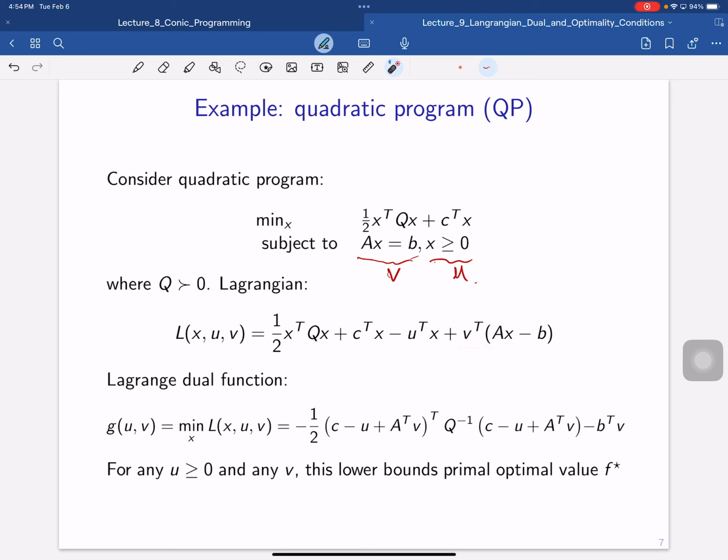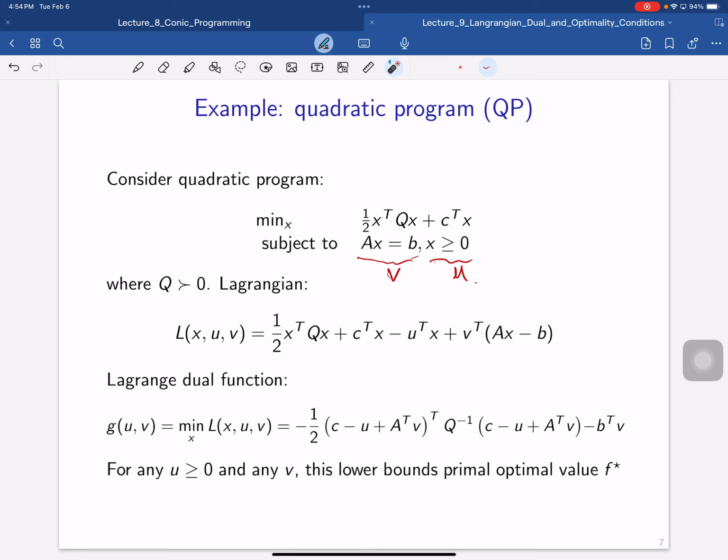You just basically throw the constraints into the objective. Now the Lagrangian dual function is saying we are minimizing over x for this Lagrangian here, right? So what is the minimum of this quadratic function? How do you derive that?